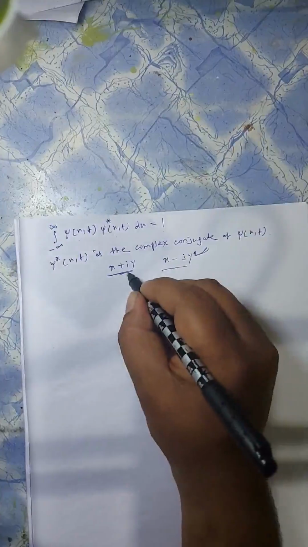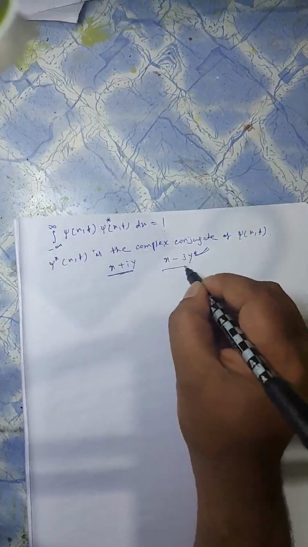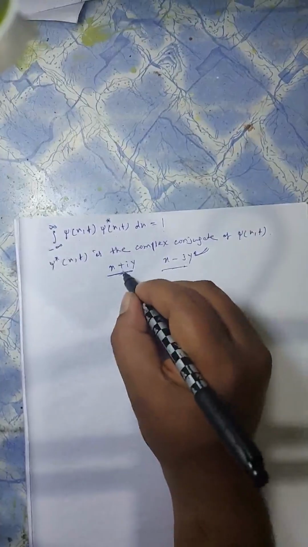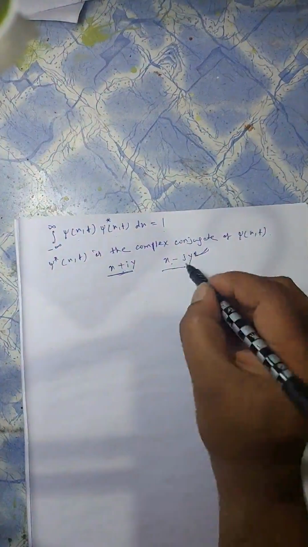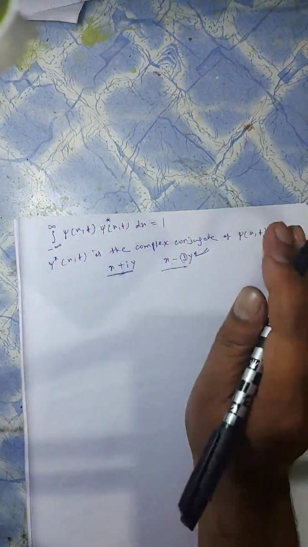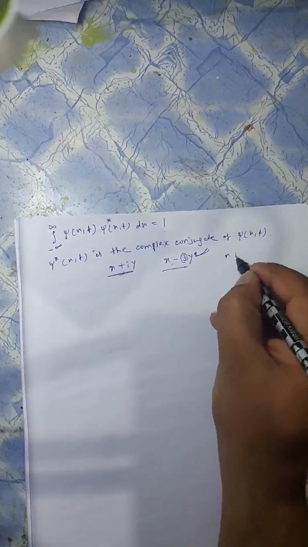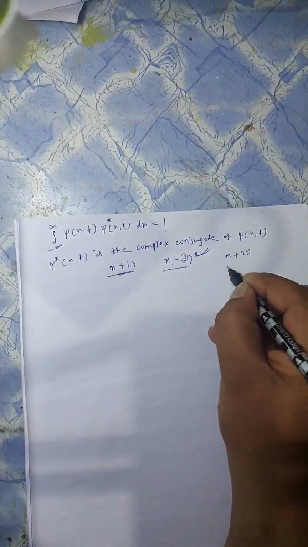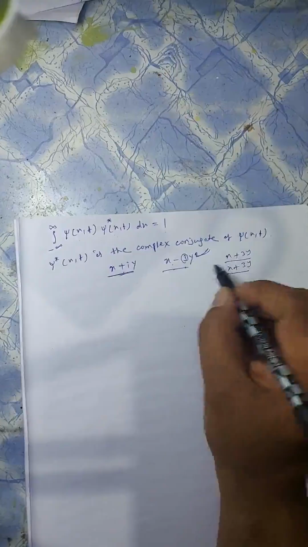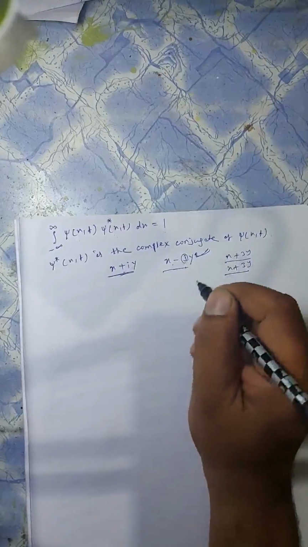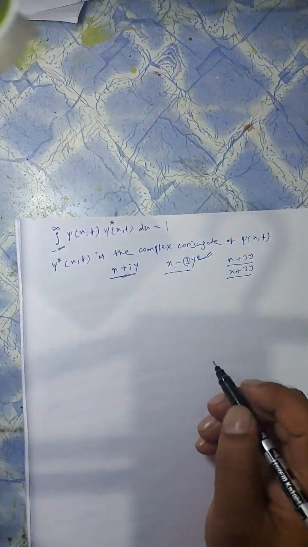If there is no imaginary value, the sign will not change. Suppose x plus 3y, then it remains as such in complex conjugate form. Only if i is there, the sign will change, otherwise it will remain as such. I will end here. Next class we will do postulate number 3.